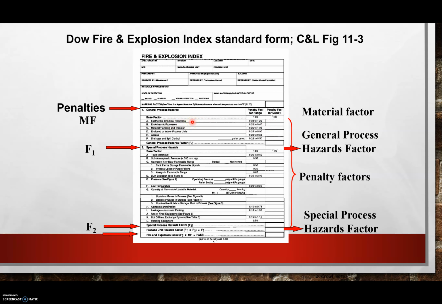Maybe for the endothermic process, the range of the penalty factor may be based on the type of endothermic process, how much energy is being absorbed, and so on. So these penalty factors can be evaluated by this committee or this individual.